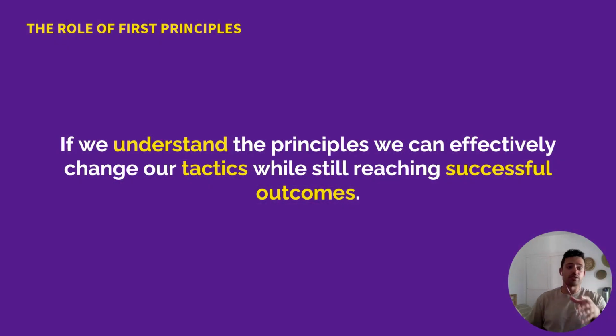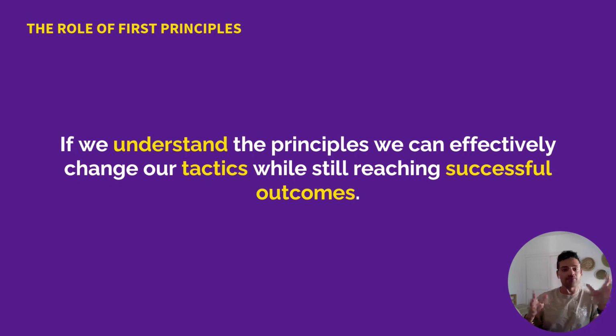So for both scenarios, we can write 5 completely different programs that equally adhere to the principles of specificity and overload, right? Principles allow us to choose the method based on who we're working with and when we're working with them, their schedule, and what we have access to, and a number of other factors, right? There are a million different methods for getting strong, right?